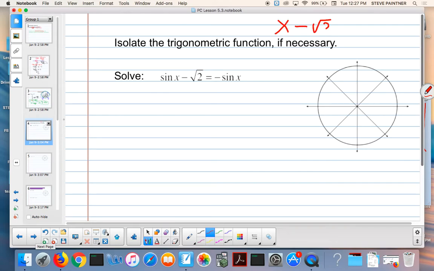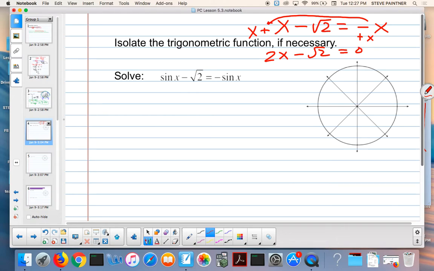I'll just say x minus square root of 2 equals -x. How did you solve that in algebra 2 or 1? Set it equal to 0. Okay, so you'd move the x over, add x, right? And add x. You'd end up with 2x minus square root of 2 equals 0. And you'd start from there, wouldn't you?